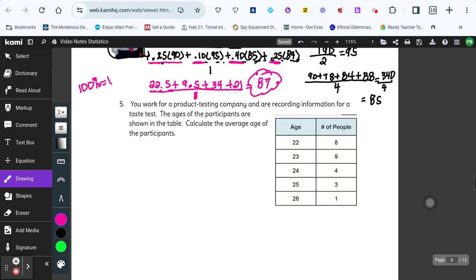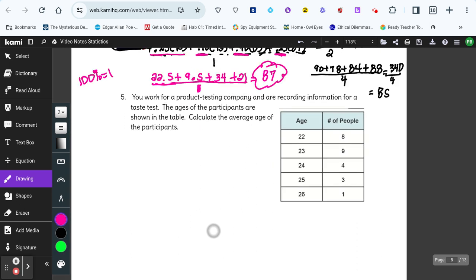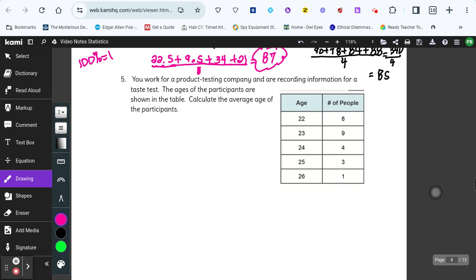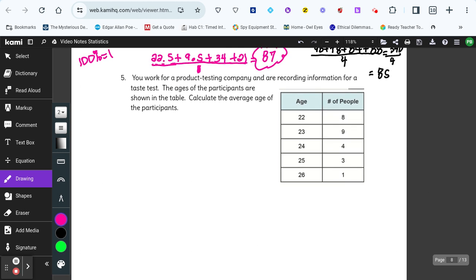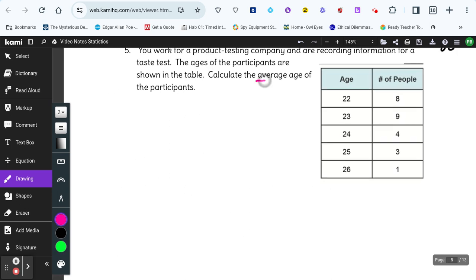All right, let's take a look at 5. You work for a product testing company and are recording information for a taste test. The ages of the participants are shown in the table. You're going to calculate the average age of the participants. Okay, so I'm looking for average age of participants. So I know I'm looking for age per participant.